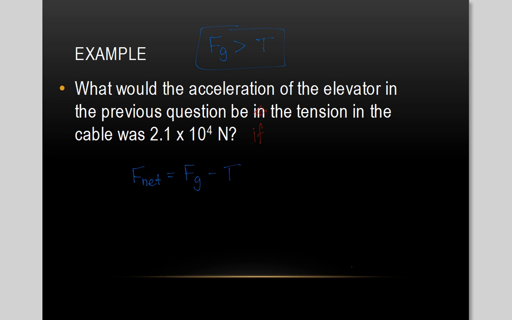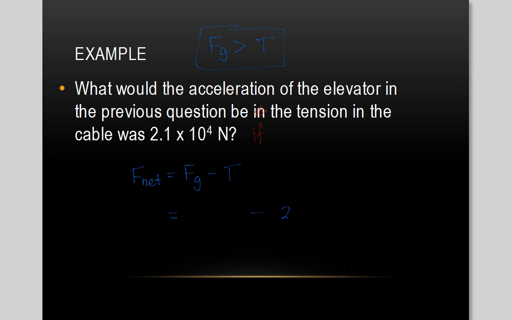And then my final answer when I calculate it, it'll be positive, but I know it's going down because I'm thinking about the question and I'm not just relying on what this equation is going to tell me. I'm thinking.